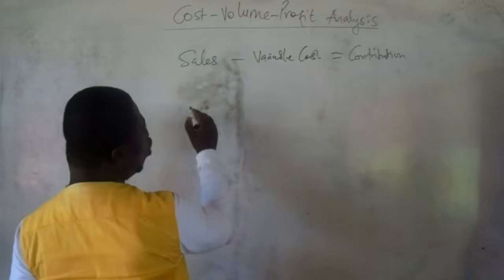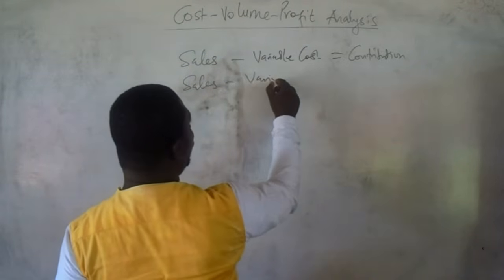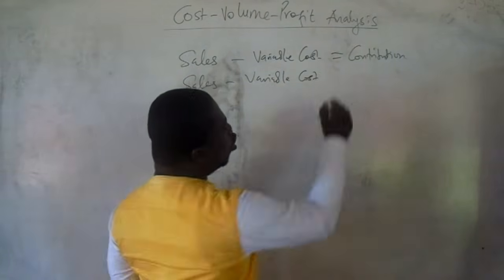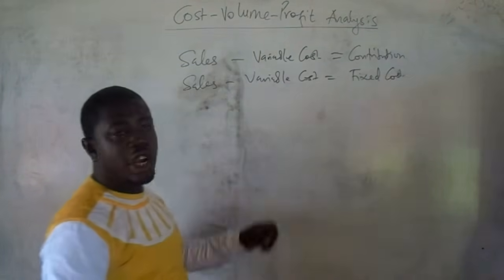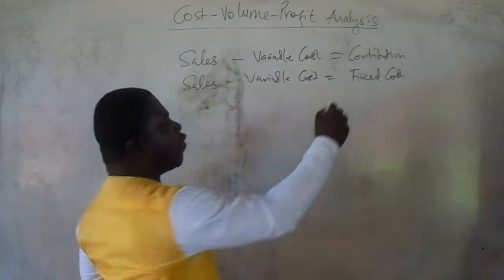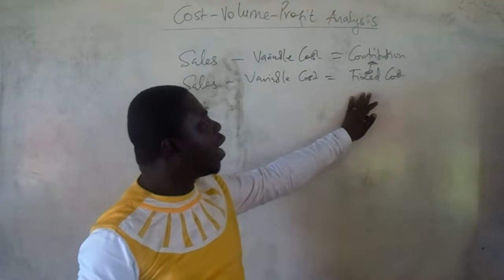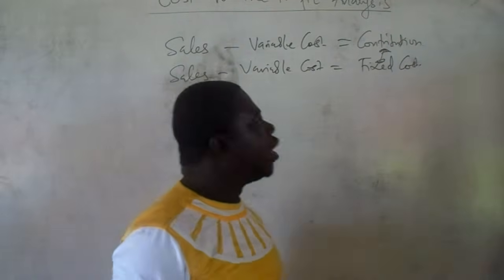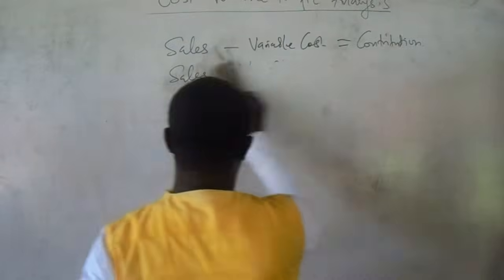Okay, and we also know that your sales revenue minus your variable cost will be equal to your fixed cost in a case where you are not producing at profit or loss. That means that this fixed cost should equate contribution. At a point where there is no profit and loss, fixed cost should be equal to contribution. Now, let us come back to the concept of contribution and let me try and explain something to you.